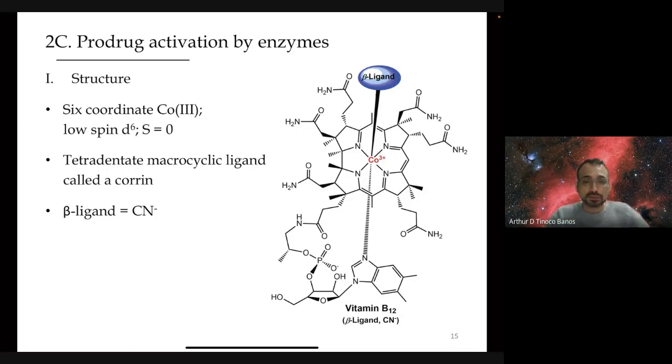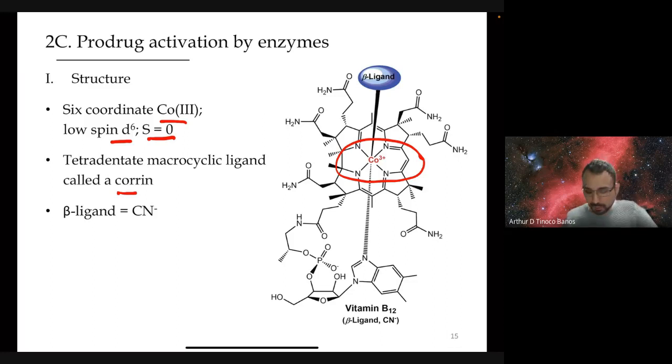And so a few key things to focus on. This is a 6-coordinate cobalt 3+, so that is low spin d6. That is a spin of 0. At the core, you have a tetradentate macrocyclic ligand. This is a corrin, right? That essentially forms the equatorial plane of the cobalt center.